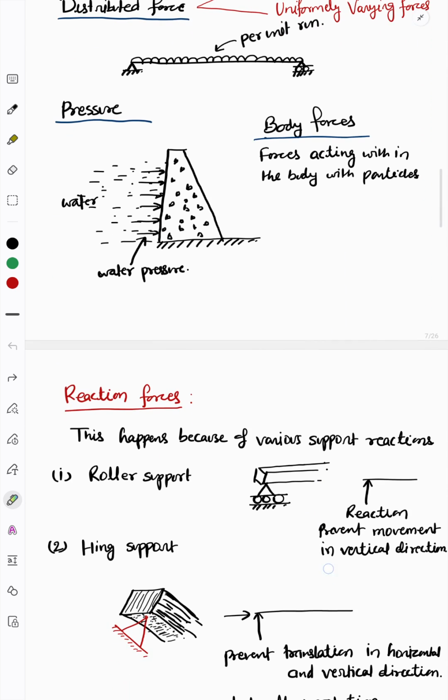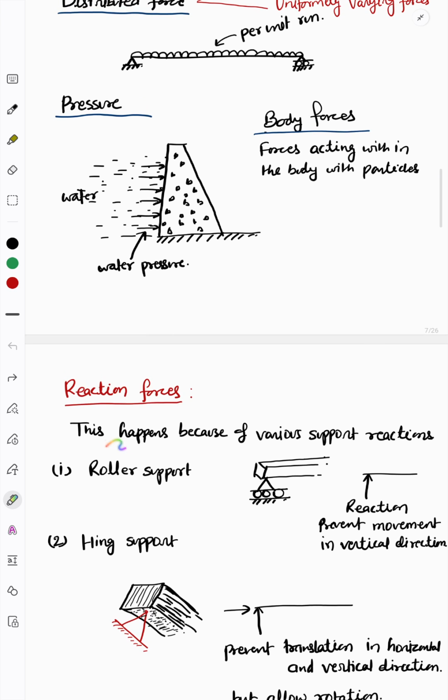Then reaction forces, how does reaction happen? It happens because of various support reactions. First, roller support: if you put a roller support, the object is going to move in one direction on where we kept the object.